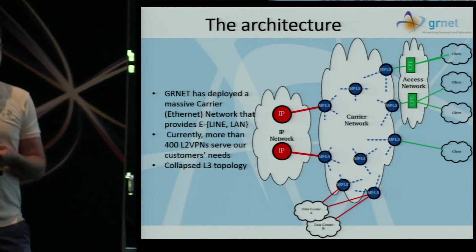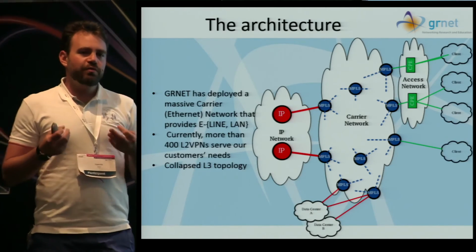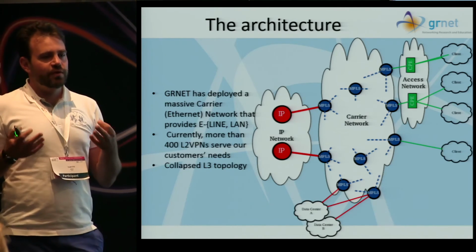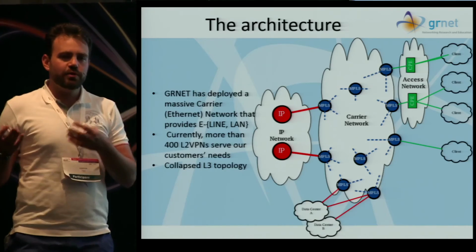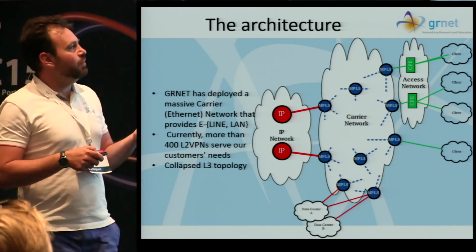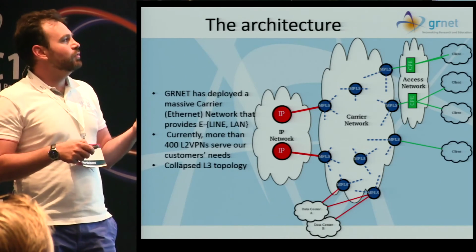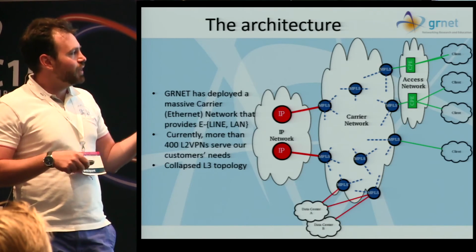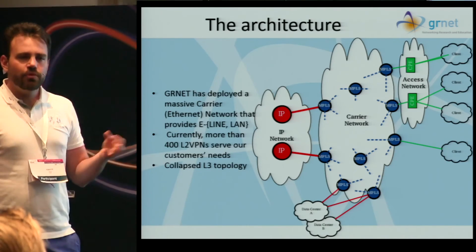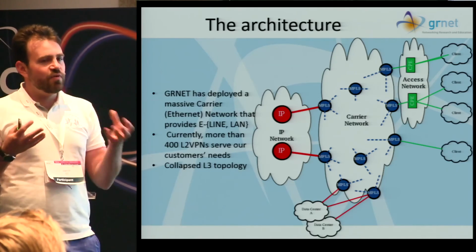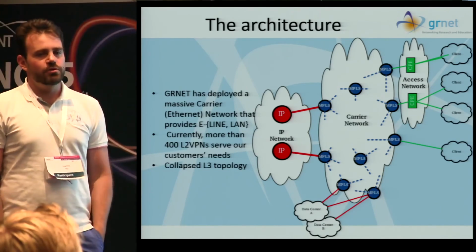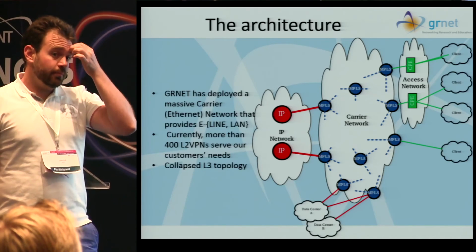All the services that we offer to our clients rely on a VPN service. Why? Because you want to offer diversity to your customers. You don't care if they want to implement a layer 3 link or a VPLS. You have a carrier network that transfers frames and packets, and it's up to them to decide. It's a more flexible way instead of having the typical layer 3 topology.